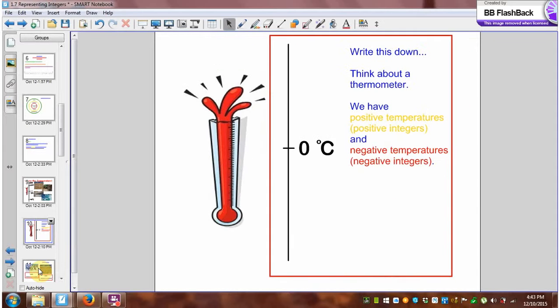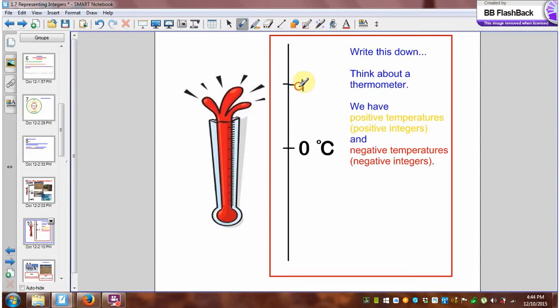Okay, so just write this down, just write what's in the red box. So just write, think about a thermometer. We have positive temperatures, positive integers, and negative temperatures, negative integers. Make a quick little bar there. Okay, and then write in any number that is above 0.